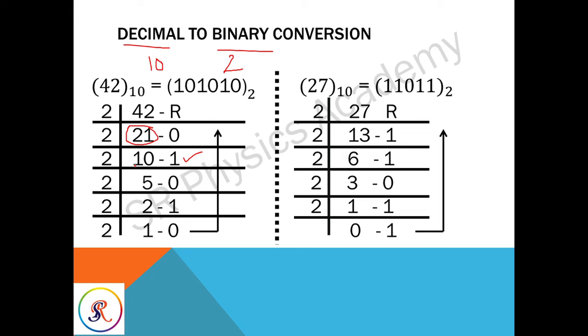Again the quotient is 10, divided by 2 we get 5, no remainder, so 0. Then 5: 2 2s are 4, the remainder is 1. Again divided by 2, 1 2 is 2, the remainder is 0.